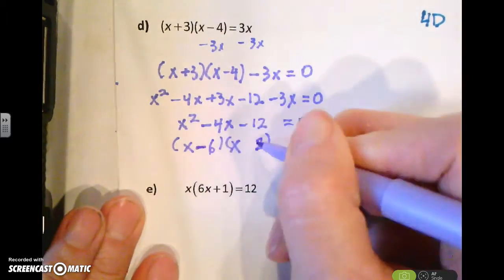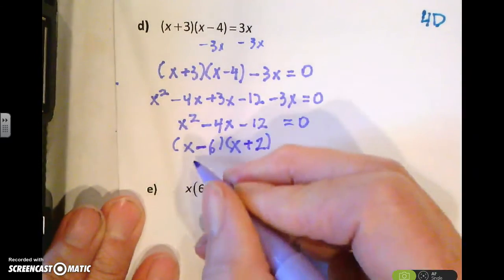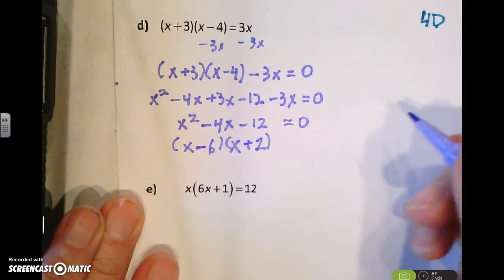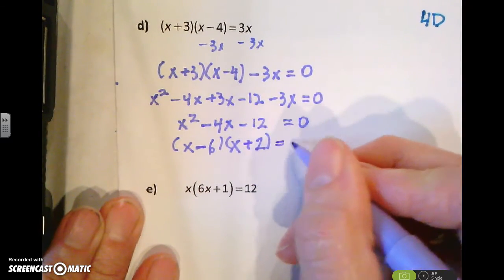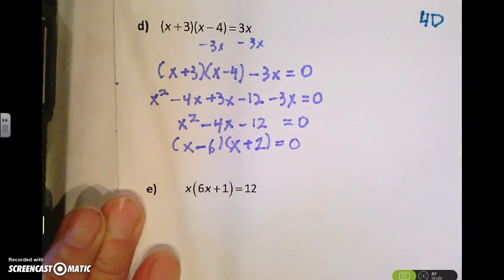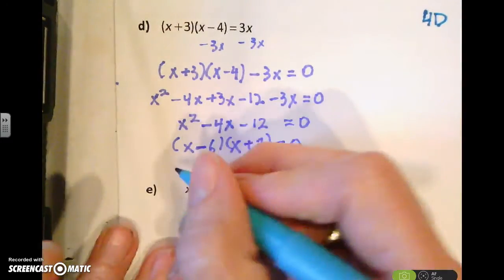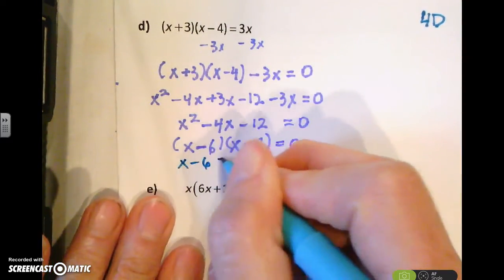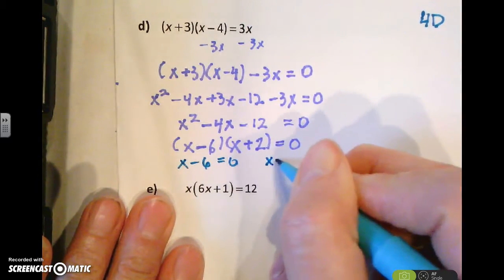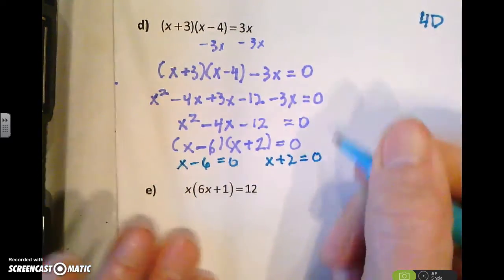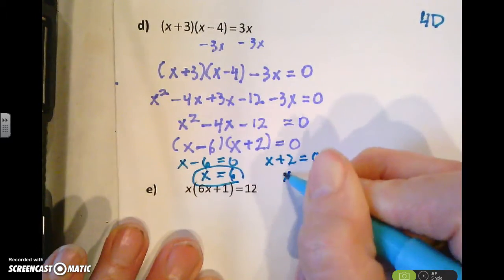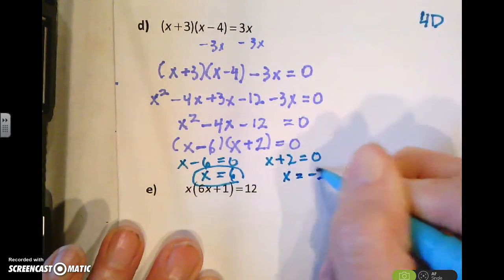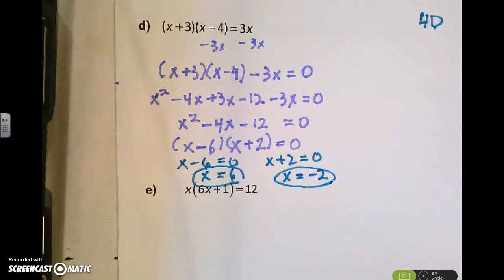My 6 needs to be negative and my 2 positive, so that they add to be negative 4. So now that's equal to 0, and I'm ready to set each factor equal to 0. So I'm going to say that x minus 6 is 0 and x plus 2 is 0. So I get x is equal to positive 6 and x is equal to negative 2.